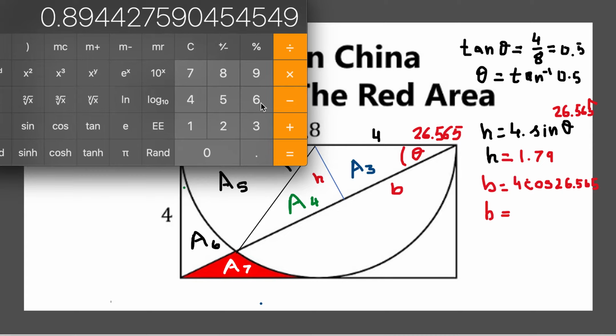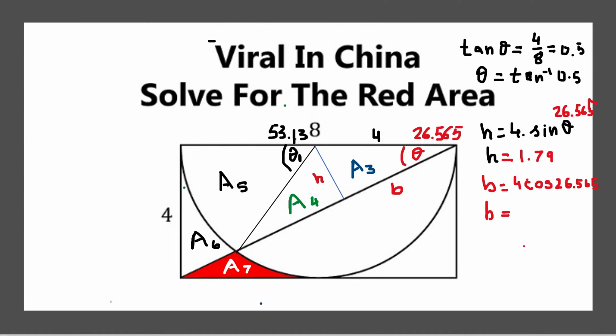And cosine gives me this number times the hypotenuse 4, which is 3.5778.